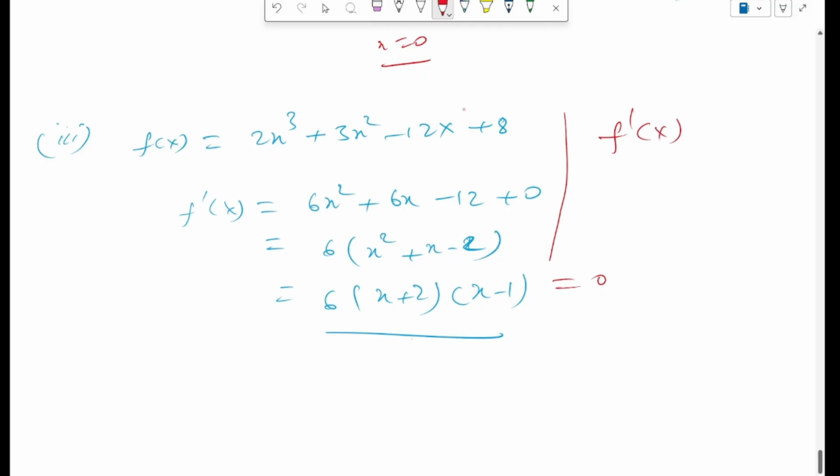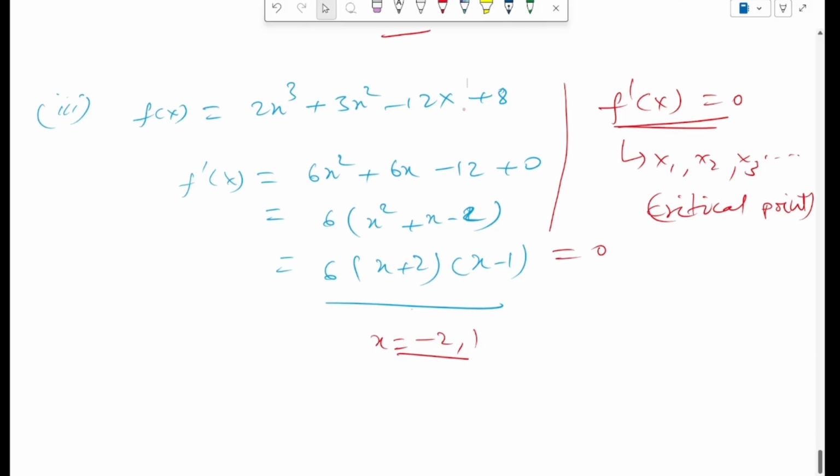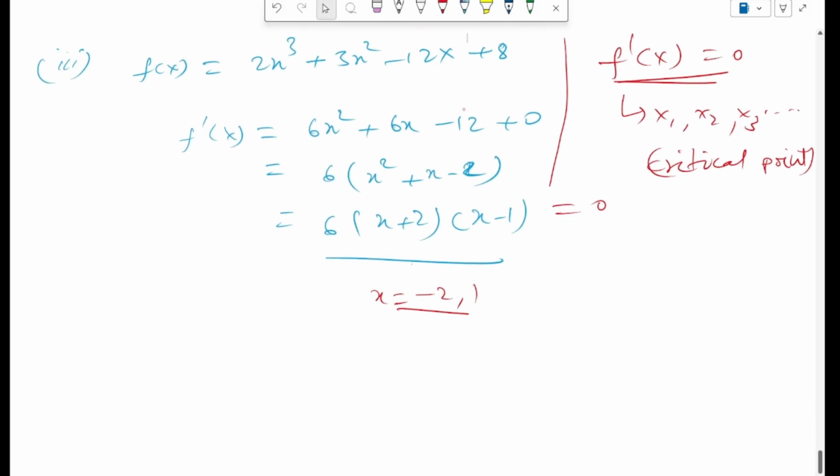When we equate f'(x) = 0, the values of x, that is the roots of this equation, x1, x2, x3, are called critical points. This is how we find the critical points. When we equate this to 0, we will get x = −2 and 1, right? So we got two critical points in this particular function.